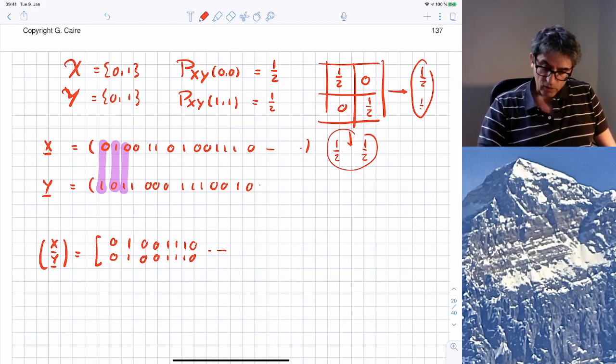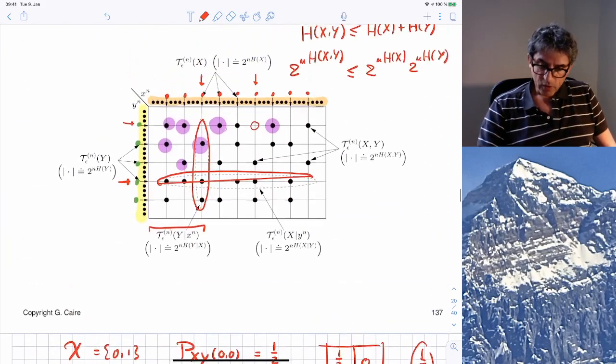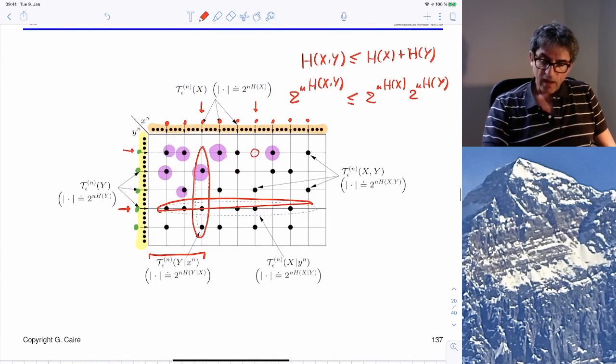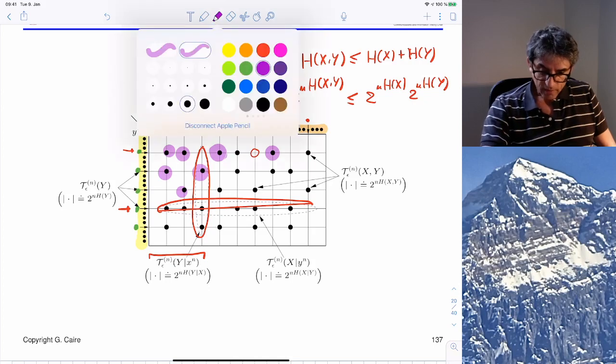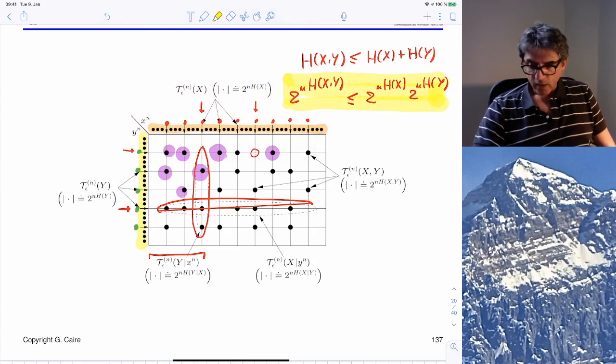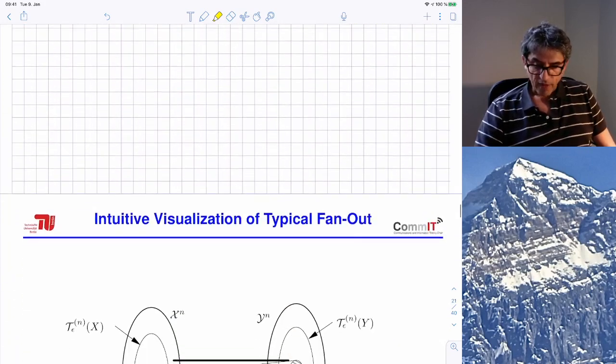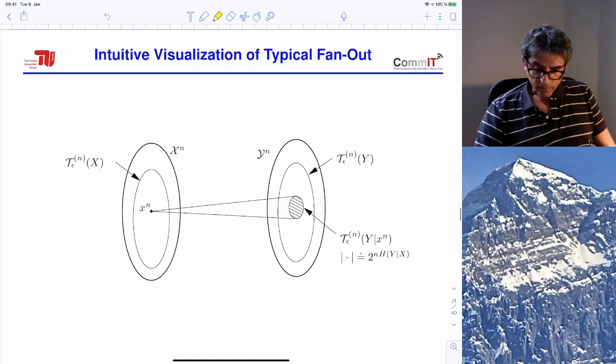Jointly typical sequences are those that have joint empirical frequencies close to the true distribution. That's why in general we have this condition, which means not all pairs of individually typical sequences are also jointly typical. That's a very important fact whose significance we will see later.